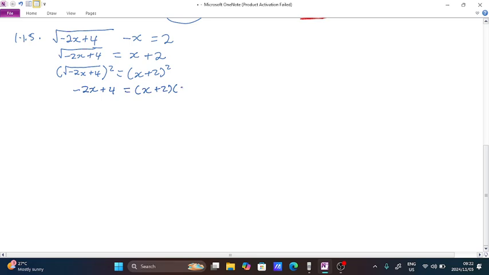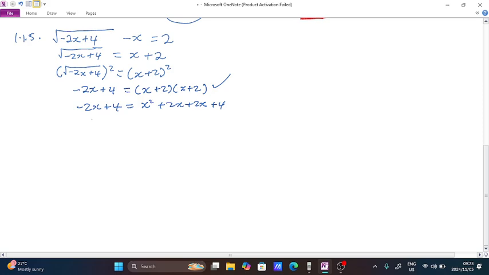I write x plus 2, so that you don't make a mistake. Then you get 1 mark for doing the isolation there, and squaring both sides, you remove the root. So now we have negative 2x plus 4 equals, now what do you get? That will be x squared plus 2x plus 2x plus 4.